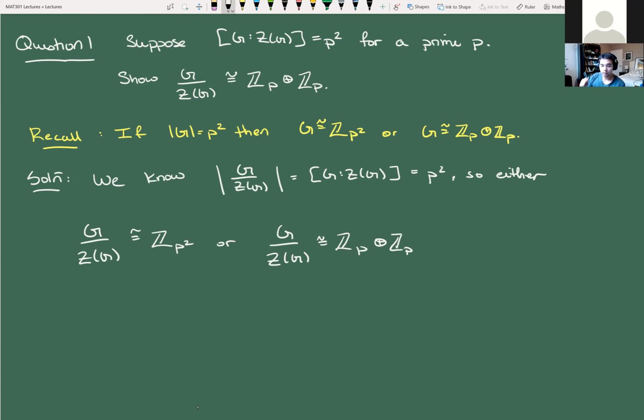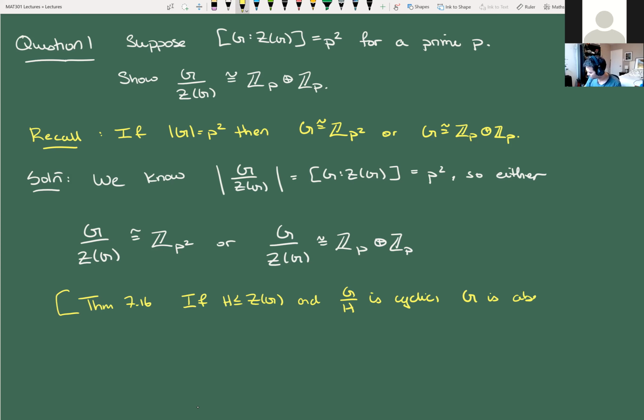And the big hint here was Theorem 7.16. So Theorem 7.16 says, maybe let me put this in yellow here: if H is a subgroup of the center and G mod H is cyclic, G is abelian. Right?